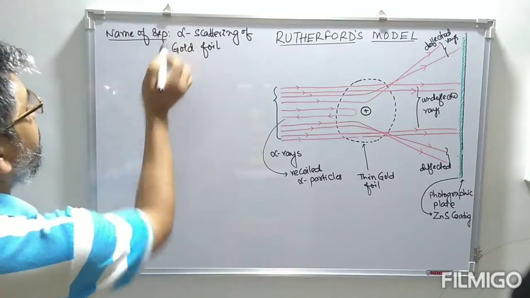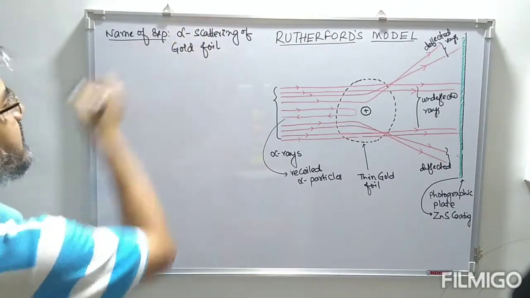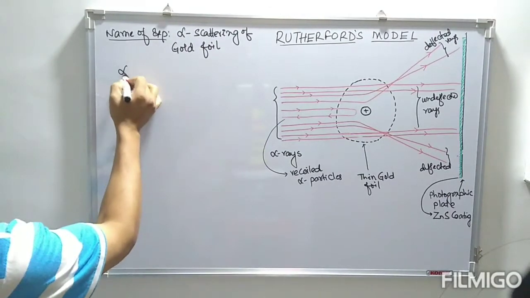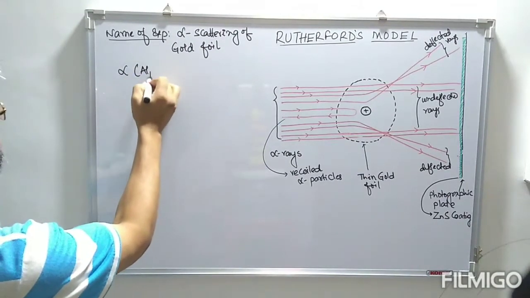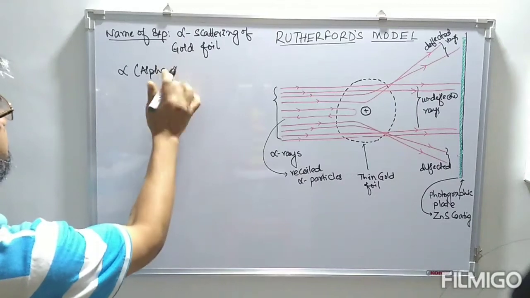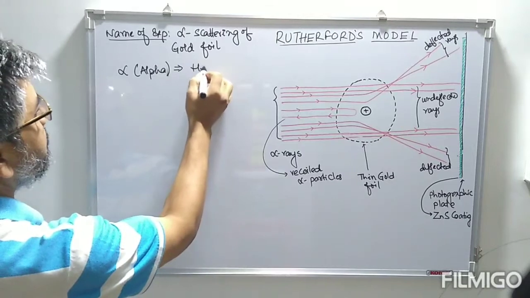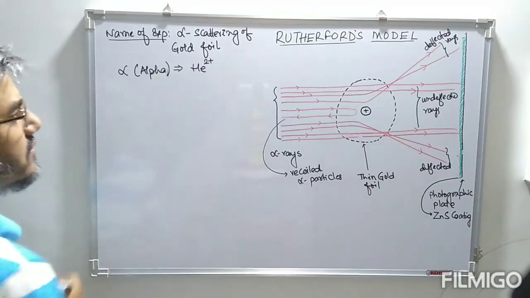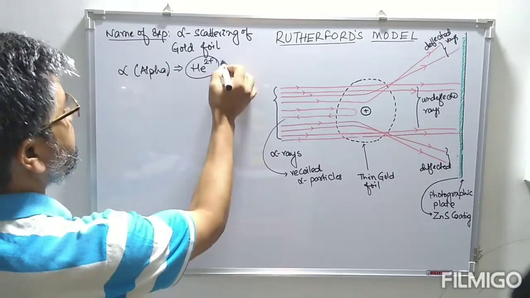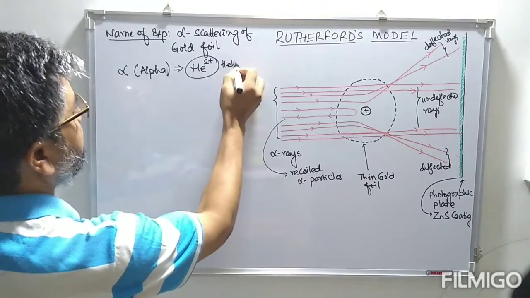So we have used a particle which is known as alpha. This alpha particle is nothing but helium nuclei. This helium nuclei is known as alpha particle.